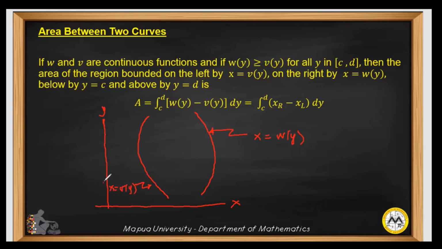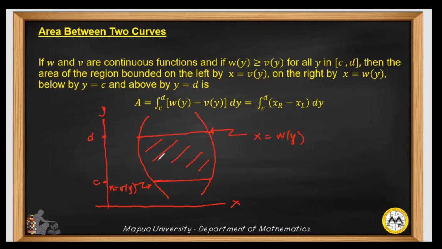Now, we will consider the closed interval from c to d. Therefore, the region will be bounded below by y is equal to c and bounded above by y is equal to d. We are interested in the area of this region bounded on the right by x is equal to w of y, on the left by x is equal to v of y, below by y is equal to c, and above by y is equal to d.